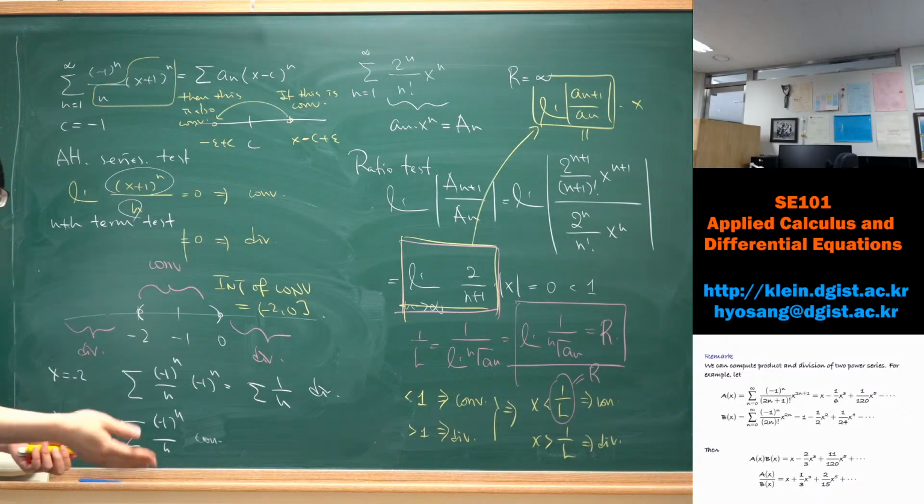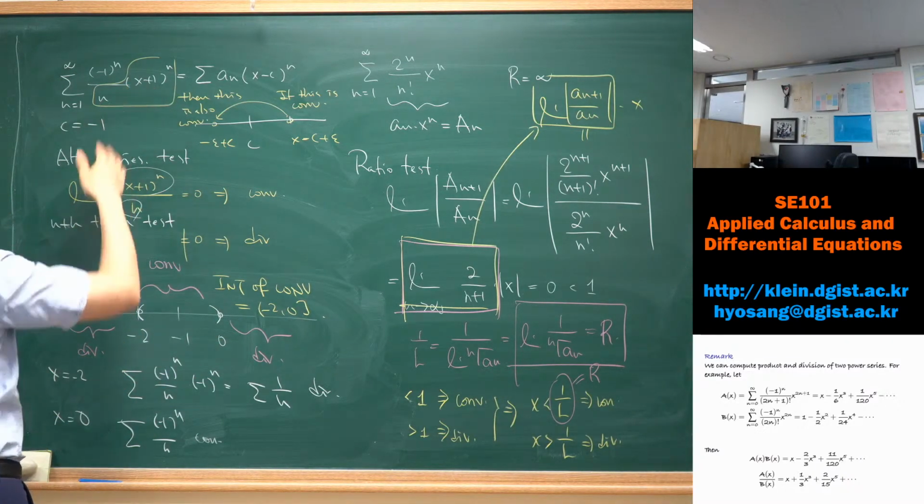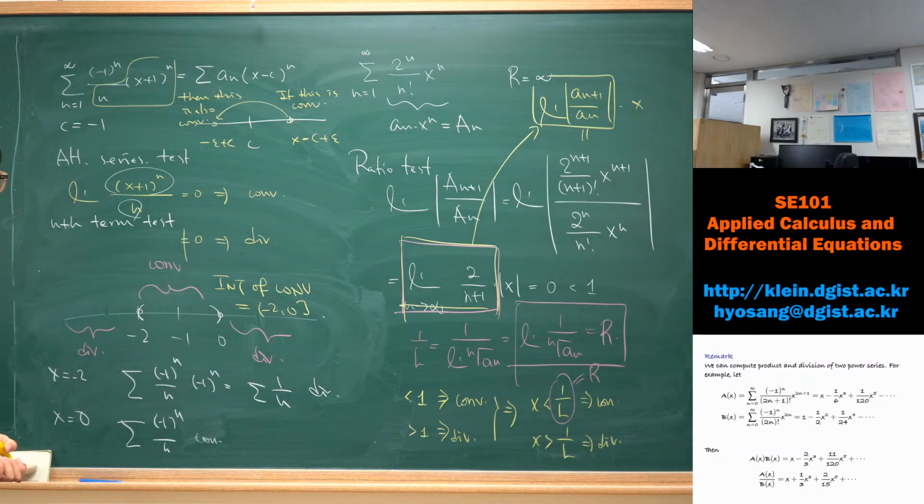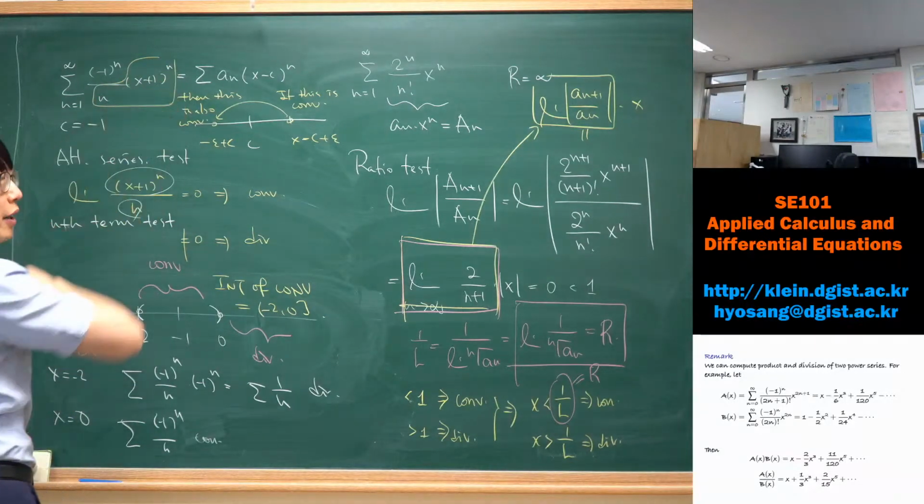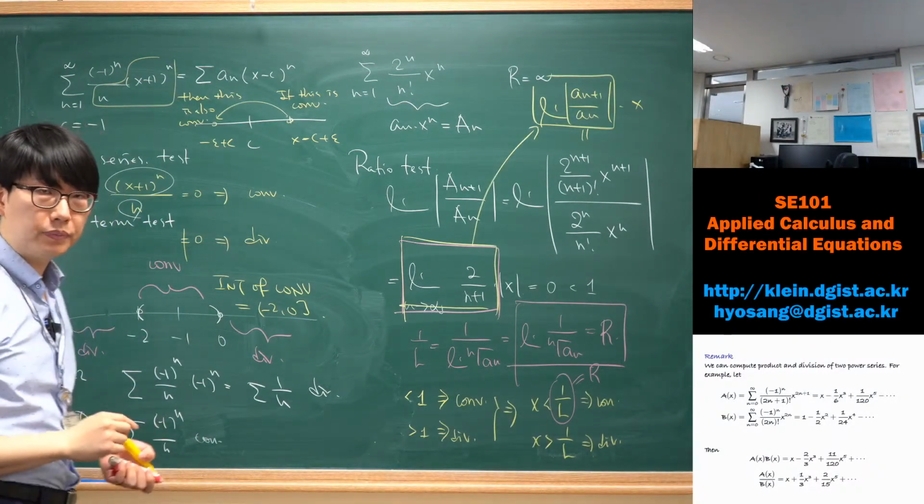So to check the radius, you can assume that this x is a number which makes this part a positive number.